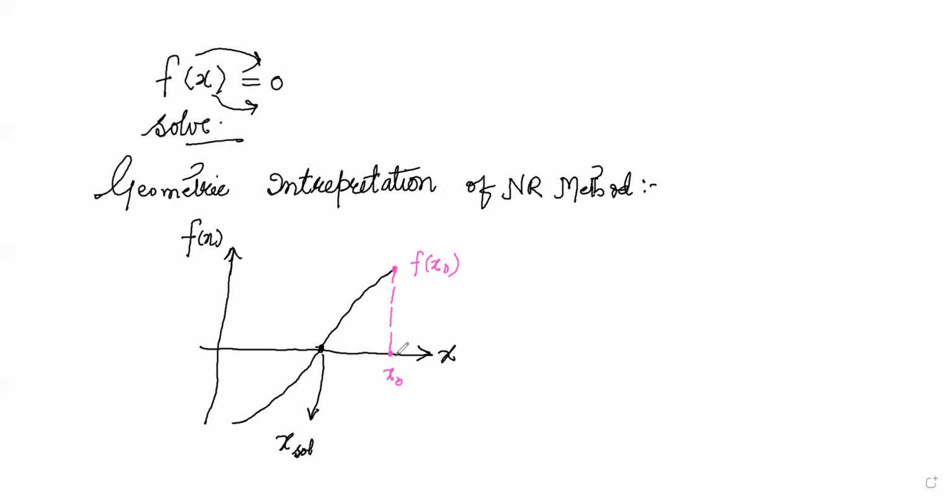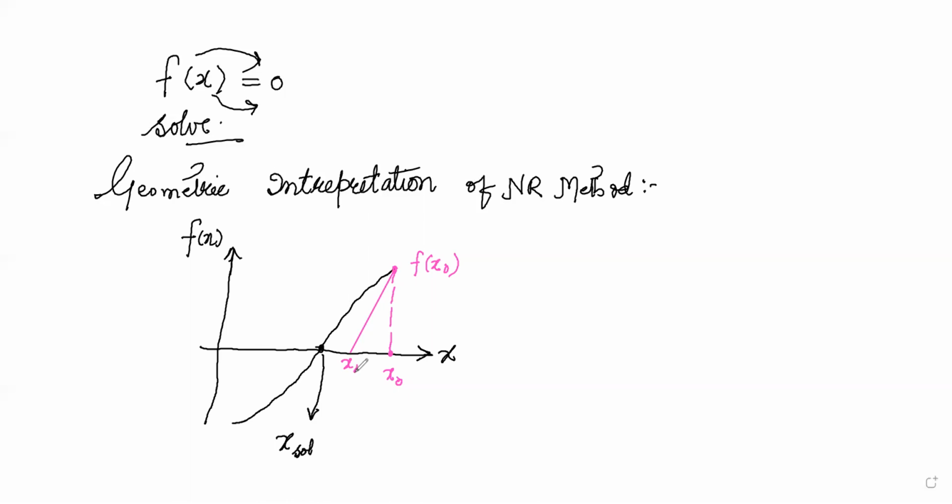At this very point, we draw the tangent, and obtain the point of intersection of this tangent with the x-axis and call this x1.